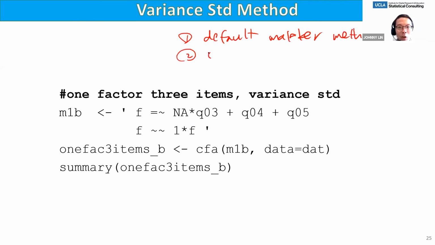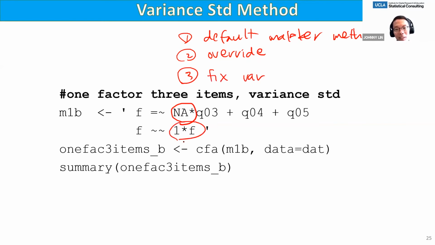That means we have to override the default marker method. To override that, you free the first loading. Now, to do the variance standardization method, you have to fix the variance to 1, right? So that's what this is doing.